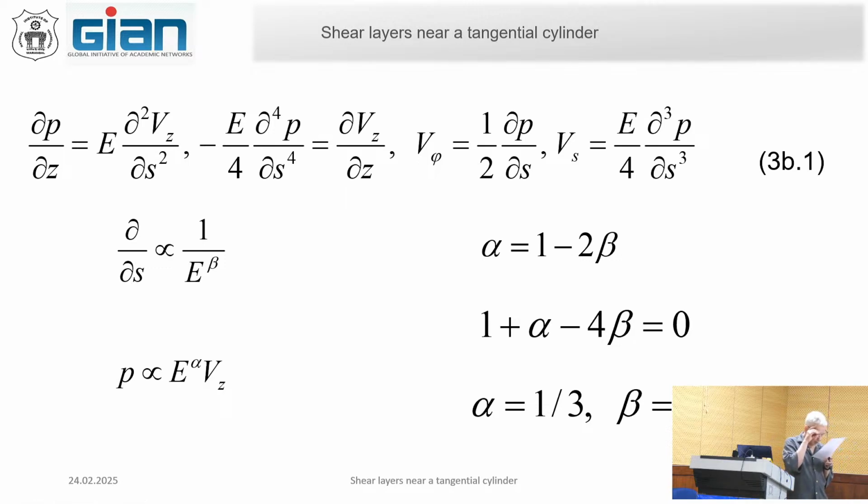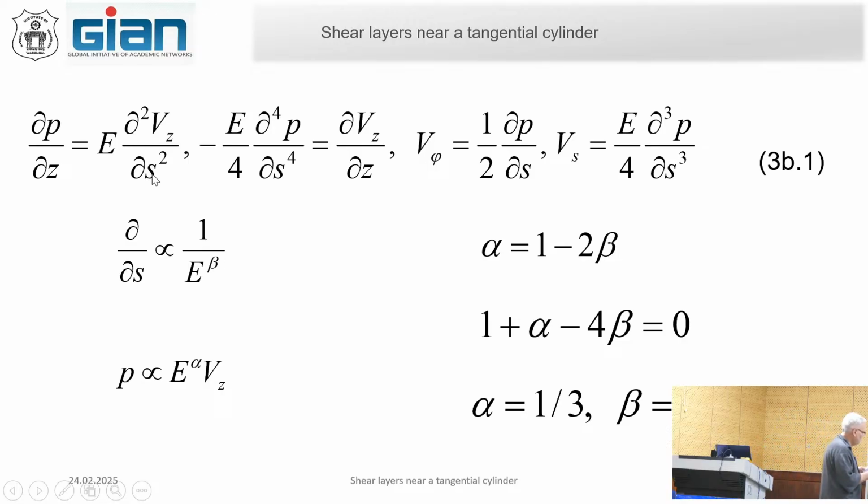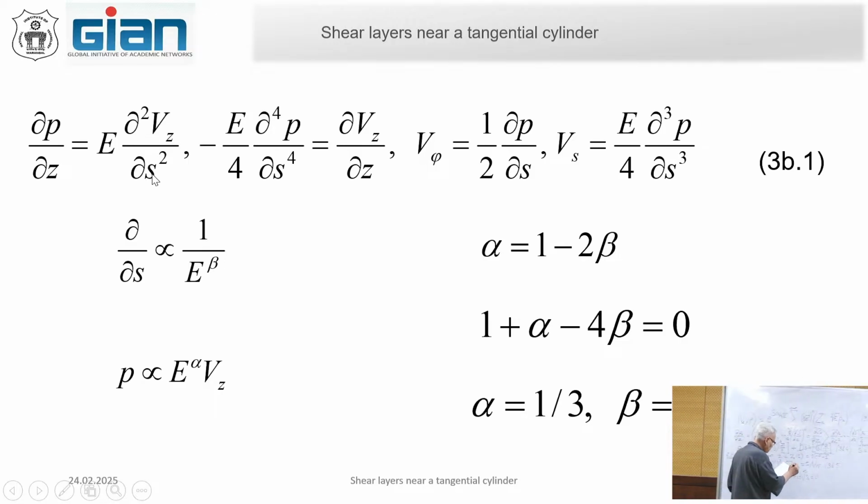So in this layer, only the terms of the second equation are completely balanced, and the first equation is reduced to a tremendously simple one.